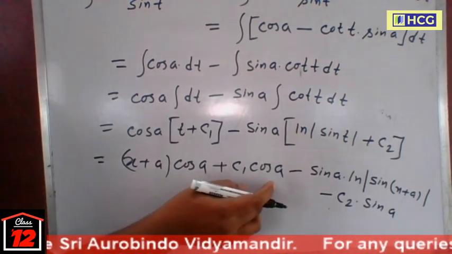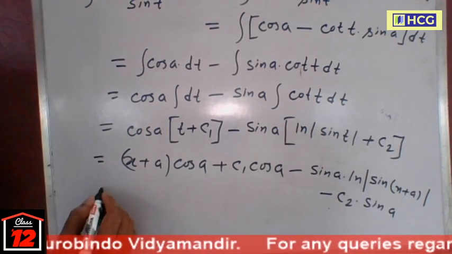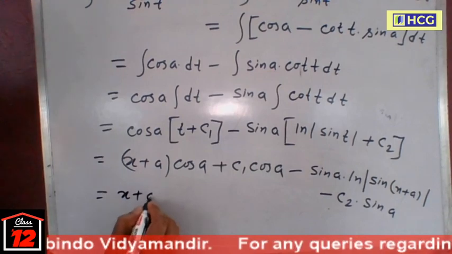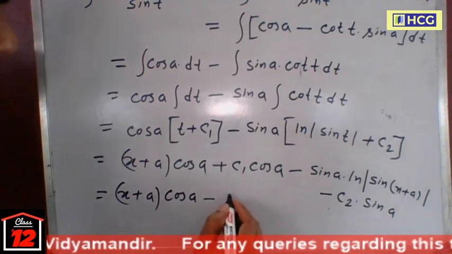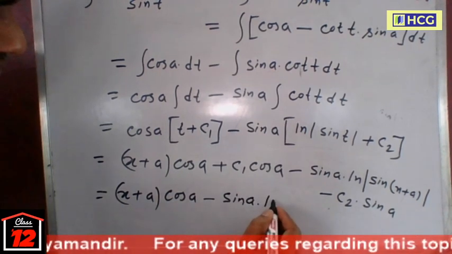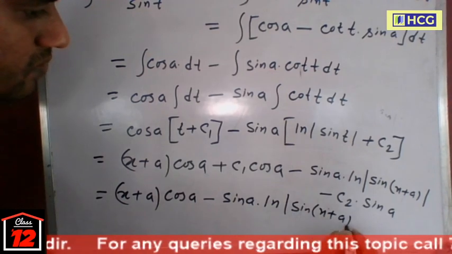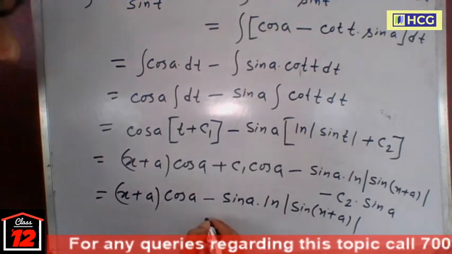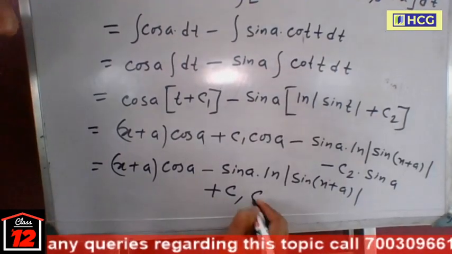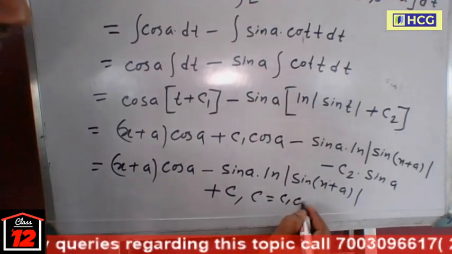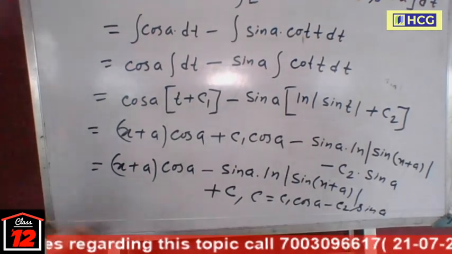Now c1 cos a minus c2 sin a is a constant, so this is equal to x plus a into cos a minus sin a into ln mod sin of x plus a plus c, where c equals c1 cos a minus c2 sin a.